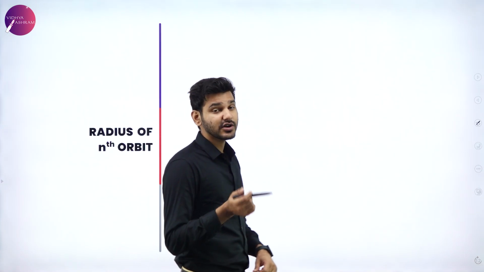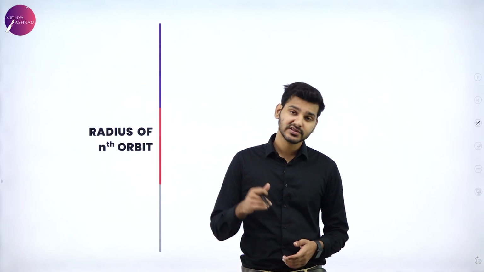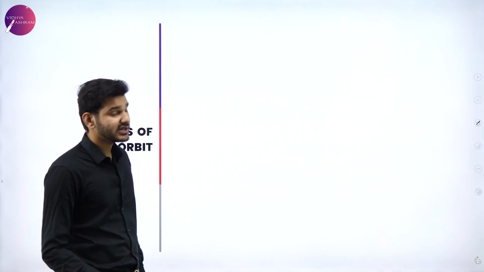We are not going to find the wavelength of the emitted photon. We are just going to find the radius of the nth orbit. You don't have to know the definition and the intricacies of the derivation. You just need to know the equation itself.